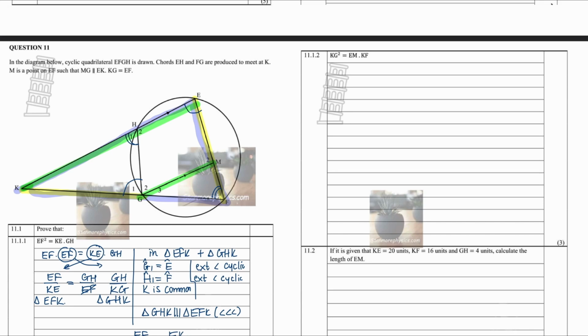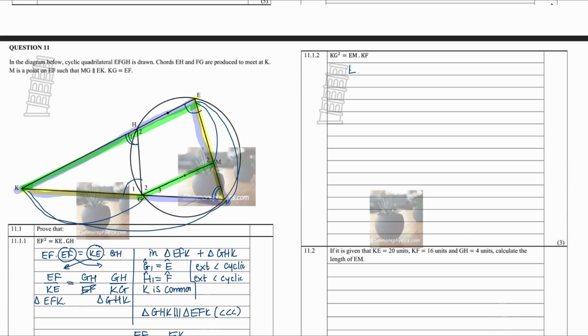So we can say that EF, so this entire side, divided by EM is going to be equal to KF divided by KG.